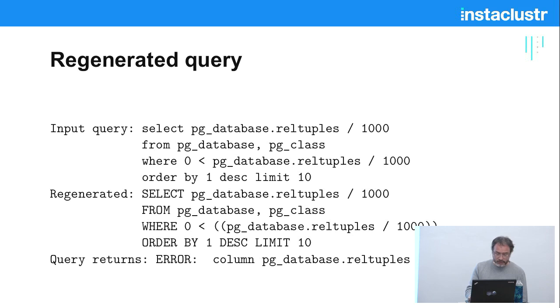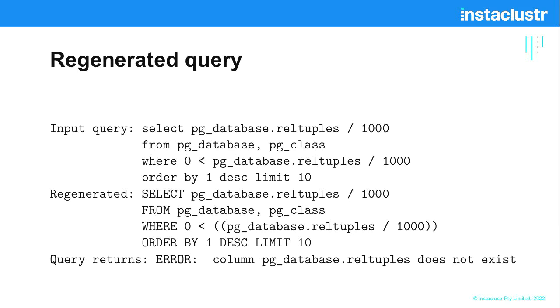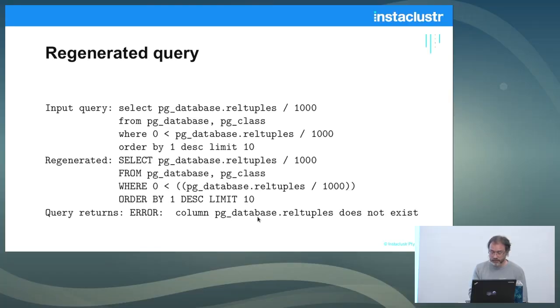More minimal in the sense that the query is actually faulty, namely this column pg_database.reltuples does not exist. So there's an error in there, and we want to spot where it actually is. Okay, in this short example, we could just read the query, just to demonstrate what the point here is.